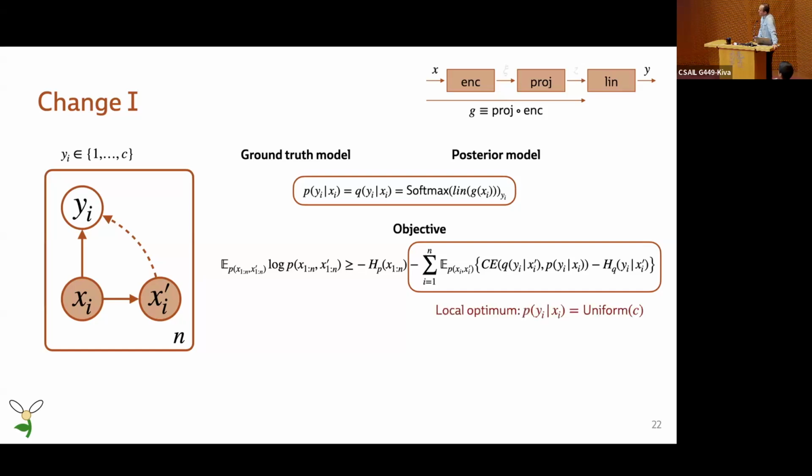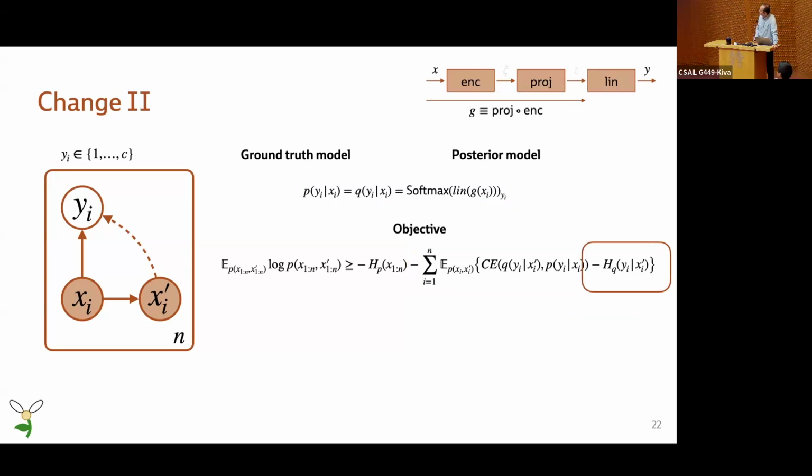And one of these trivial solutions is the following one. If you take a classifier that always predicts a uniform distribution, essentially you get a local optimum for this objective function, and you cannot escape from that. So the question is: how can we avoid these trivial solutions? Well, the first thing that we can do is modify our objective function.